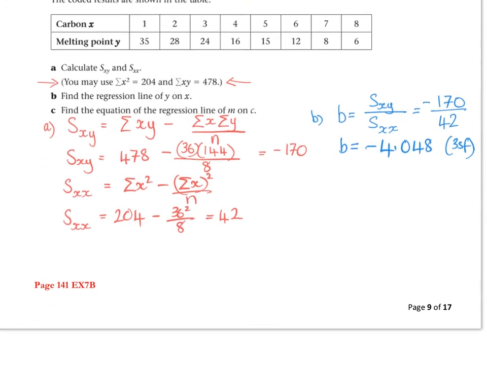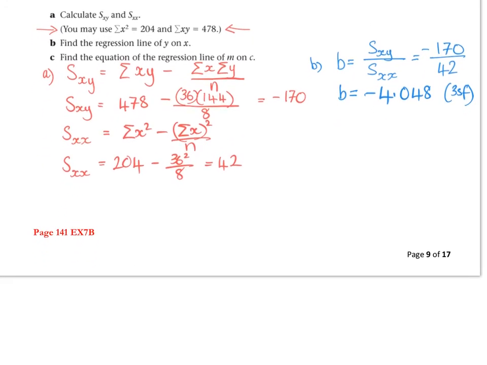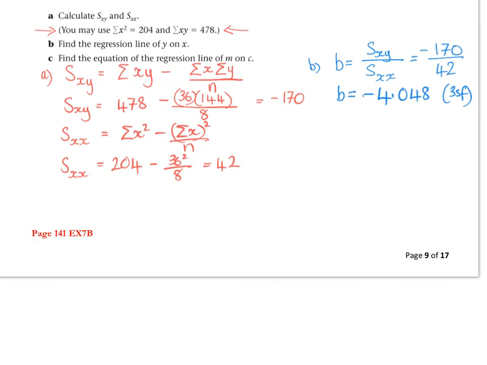so we can write the regression line, and our regression line takes the form of, this is still part B, y bar equals a plus b x bar. So if we rearrange that around, we can find out what a is from y bar minus b times x bar.